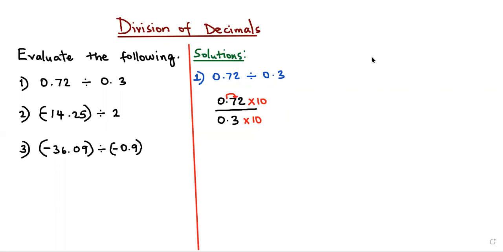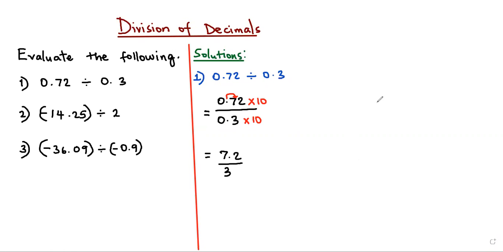So 0.72 times 10 will be 7.2. Is that okay? Okay. And now 0.3 times 10, it will instead be 3.